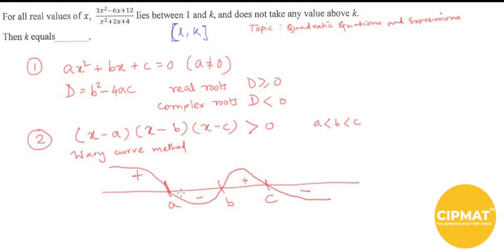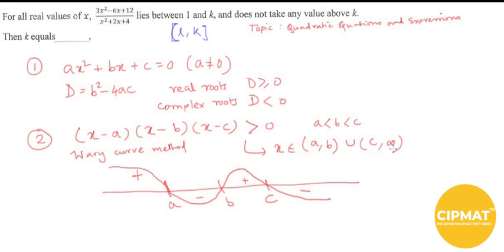This means that in the interval between a and b it is negative, in the interval between b and c it is positive, and in the interval greater than c it will be negative. So we can say the answer to this will be x belongs to open interval a to b and c to infinity. So this is how the wavy curve method is used. Now we are going to use these concepts to solve this question.